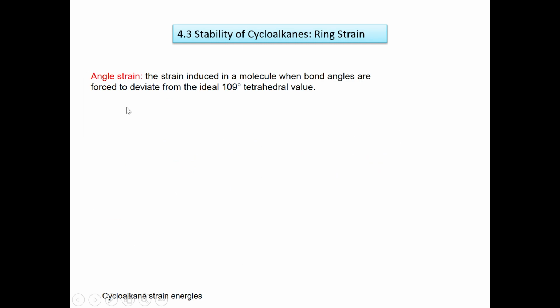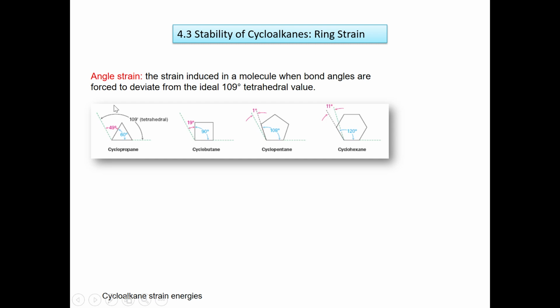What about the ring strain, the stability of cycloalkanes? Well, we know that the carbon normally has a bond angle of 109. If we are doing a cyclopropane, we have a 60 degree angle between the two substituents of one carbon. Why? Because of geometry.